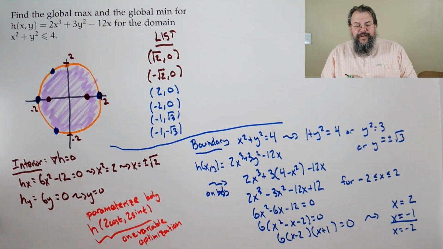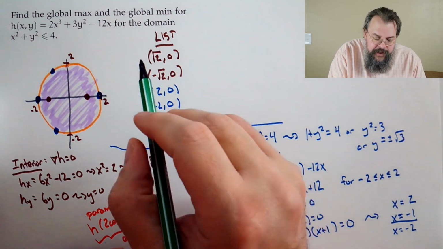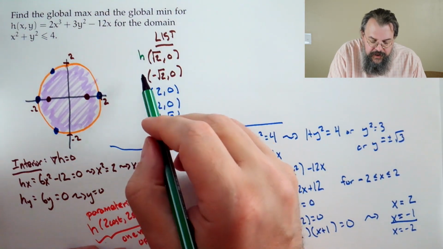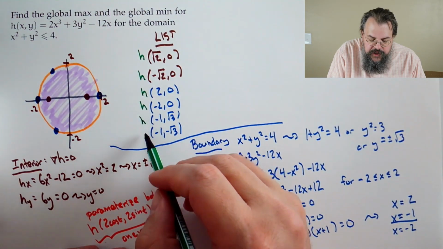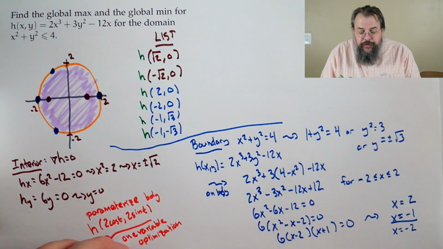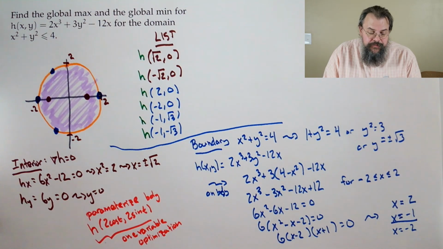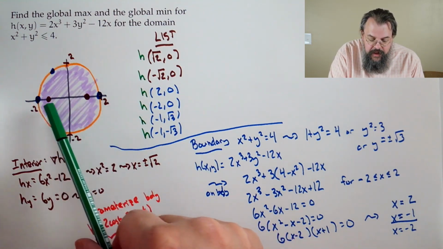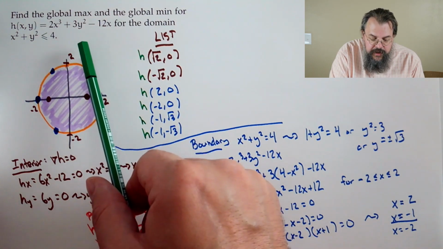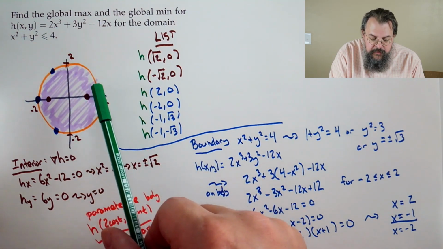Okay, so let's plug all of these points into our function h. And be patient. Be the right amount of patient. The good news is a lot of them are on this line where we have y equals 0. So it's not too bad to compute.